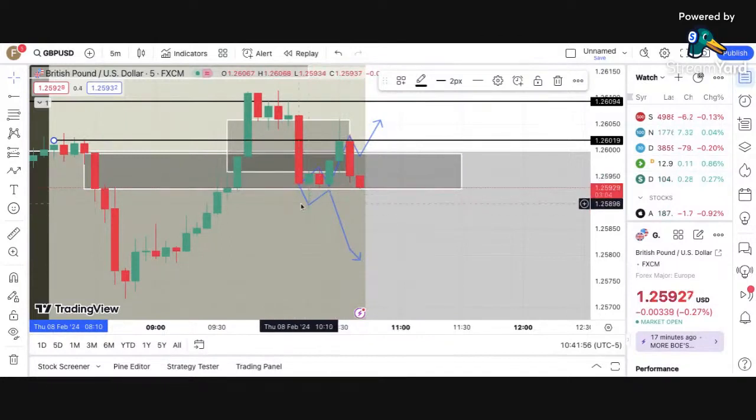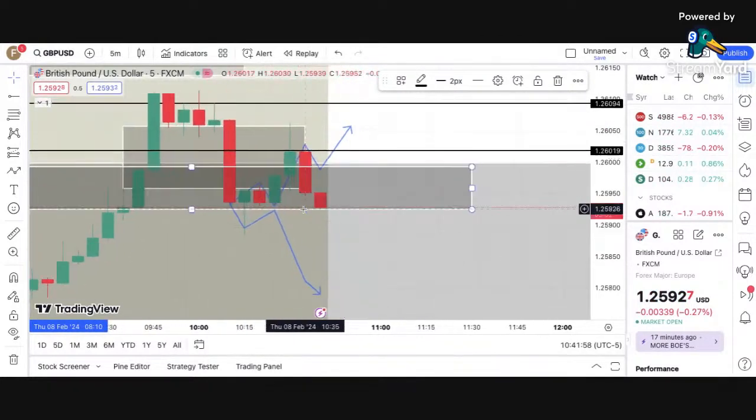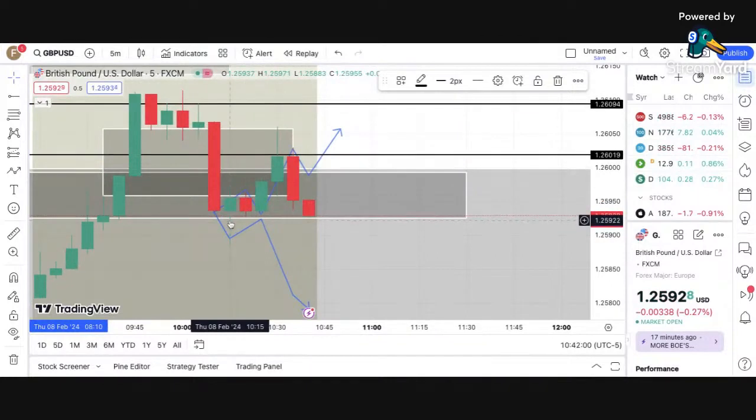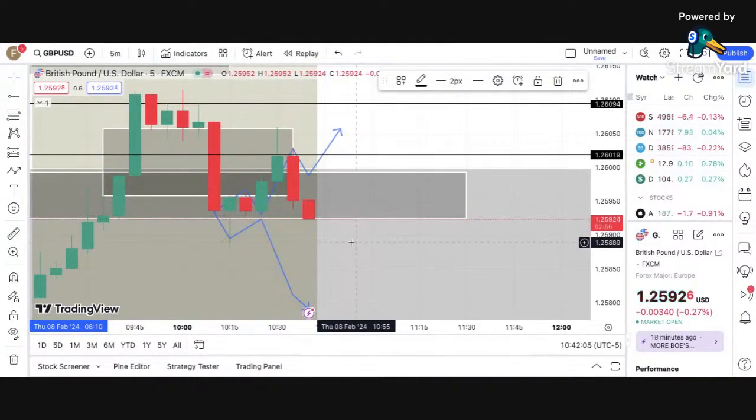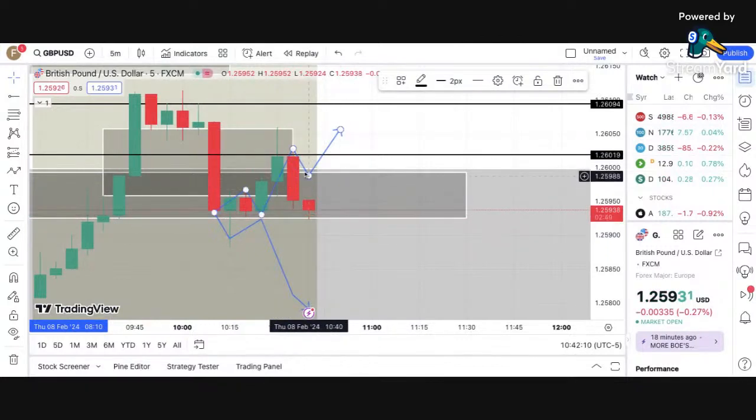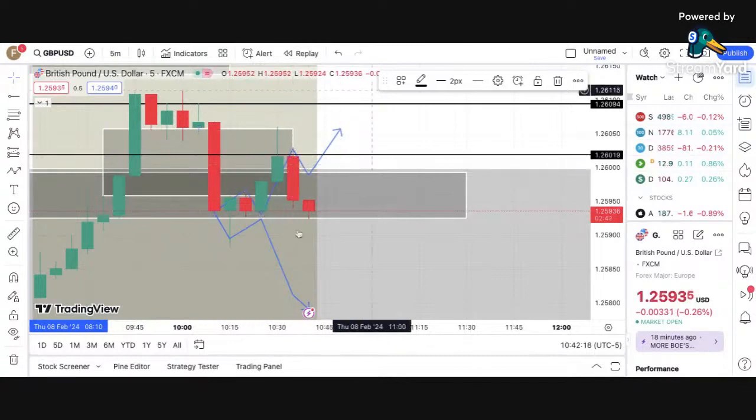So not this week, 5 minutes. Not this week. I need a body to close below here. And it has to close below here, just like this one should have closed below here. If this one would have closed above, it would have been a buy.